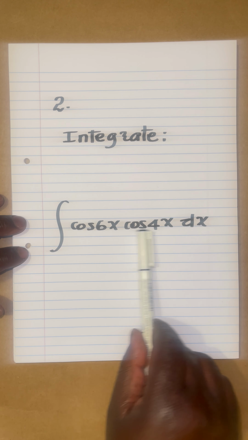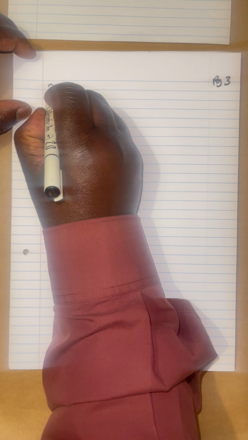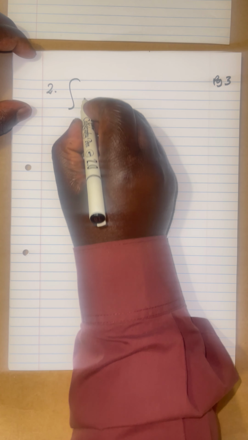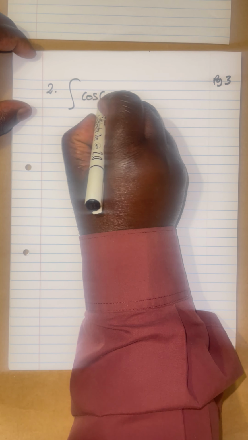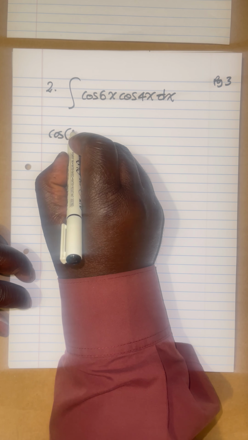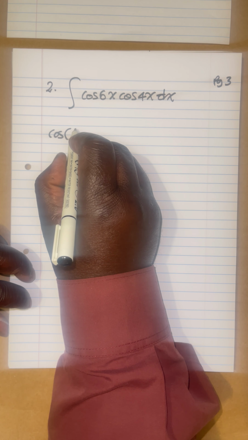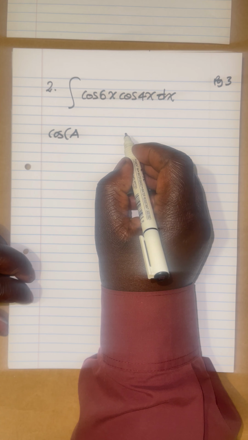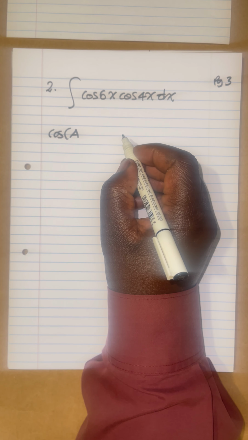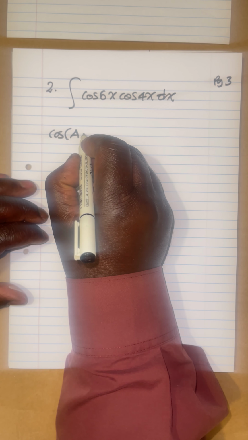And the second integral I have is the integral of cosine of 6x cosine of 4x dx. Now, when you see cosine, you know that we have to use cosine of, let's say I'm using capital A, and I can keep the minus, the plus, it doesn't really matter. So let's have the minus first.